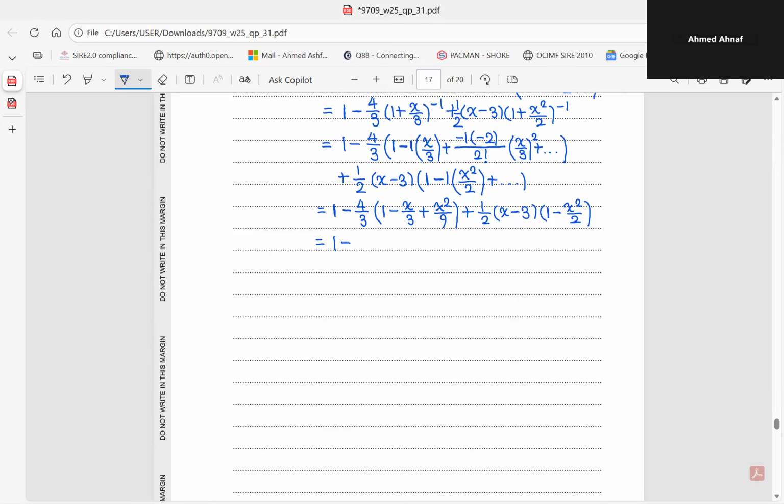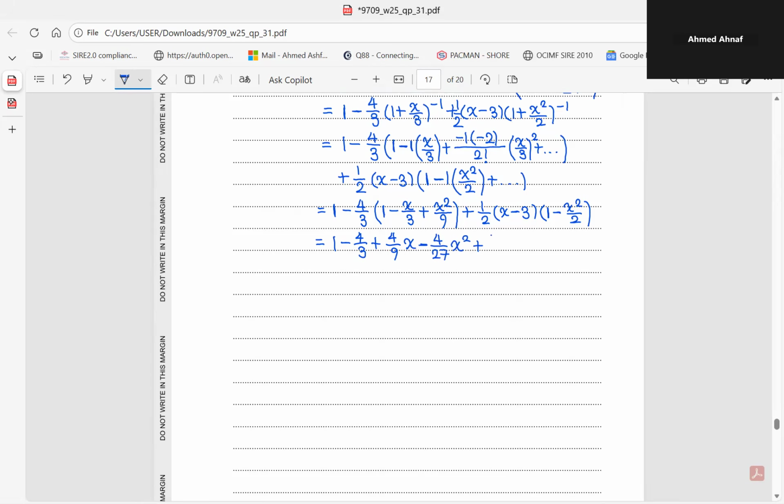This goes to 1 minus, just expanding this out, 4 over 3 times 1, so minus 4 over 3, minus 4 over 3 times minus x over 3, so plus 4 over 9 x, minus 4 over 3 times x squared over 9, so minus 4 over 27 x squared.